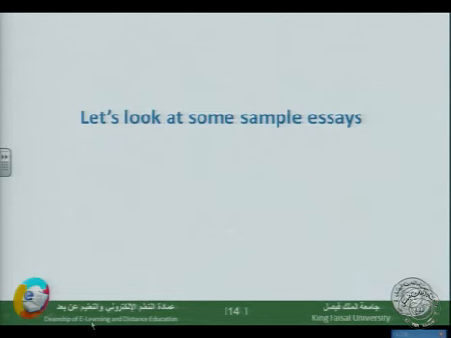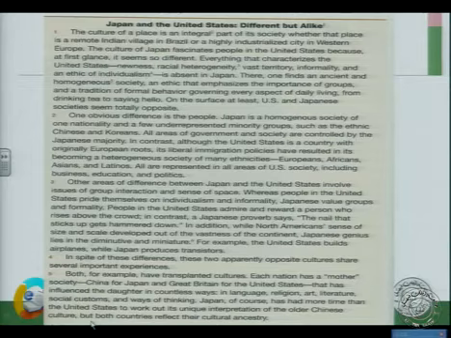Now, let's look at some example essays. Let us discuss them together, read some of the excerpts, and then discuss them with each other. Here we have "Japan and the United States, Different but Alike."